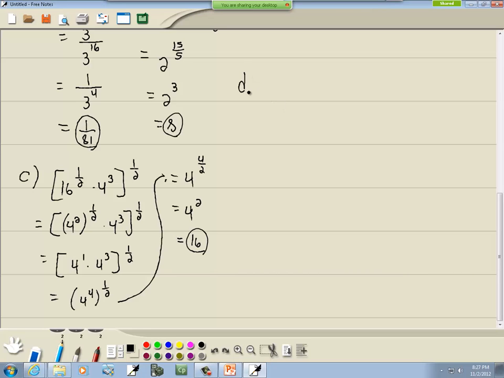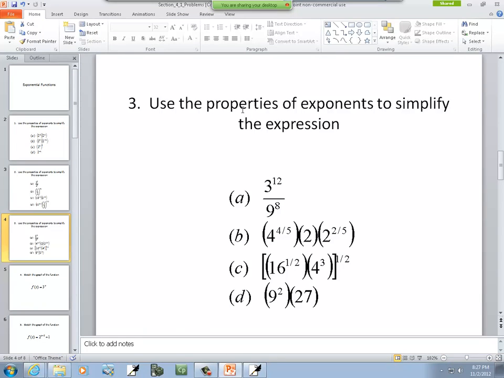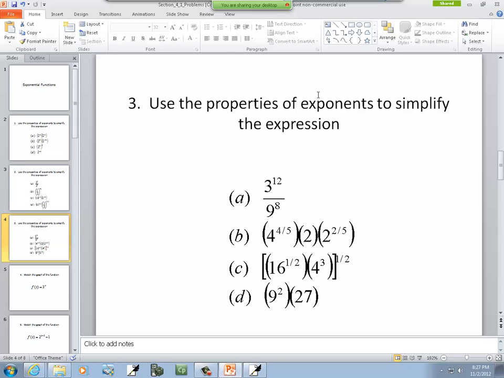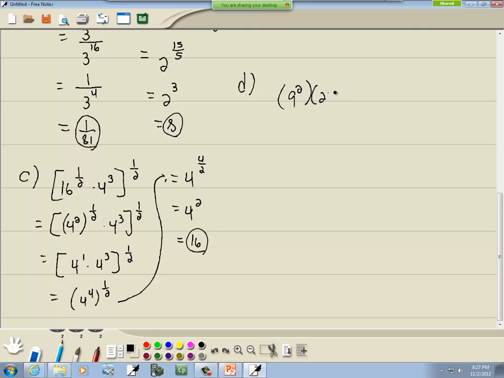And let me do D right here. So we've got 9 squared times 27. Now obviously I'm not going to be able to rewrite 27 as 9 to a power. But I notice that 9 is 3 squared. So I can rewrite that as 3 squared, and then the second power right here still remains.